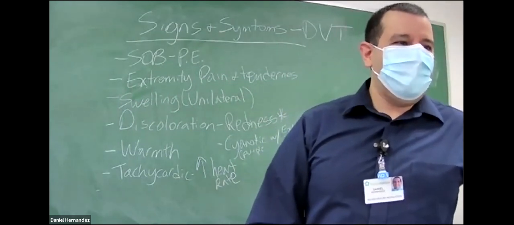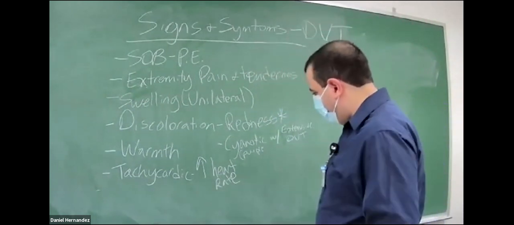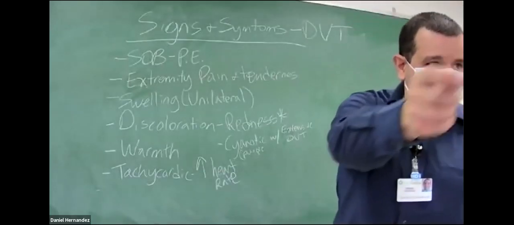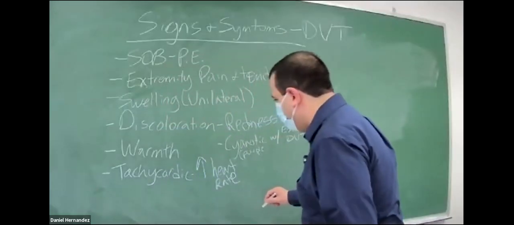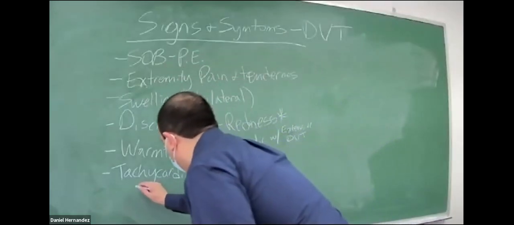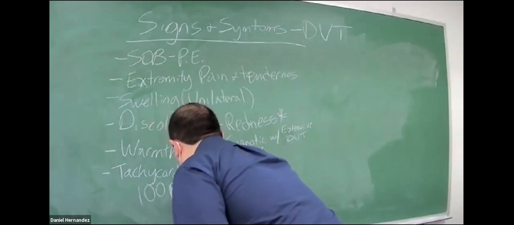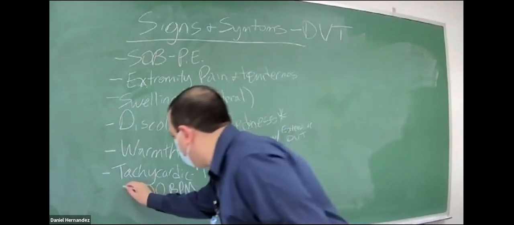Above what normal heart rate range? So it's greater than 100, right? Yes, very good. Bonus point. So tachycardic would be considered anything over 100 beats per minute.